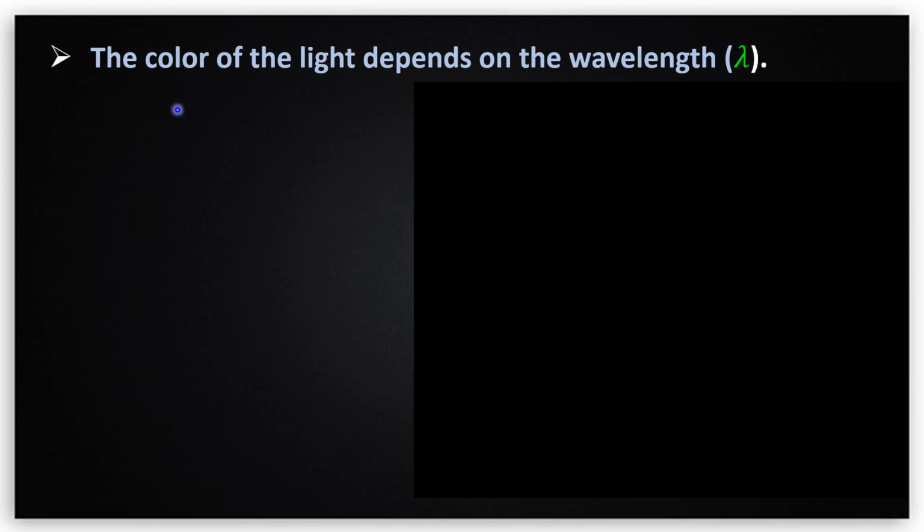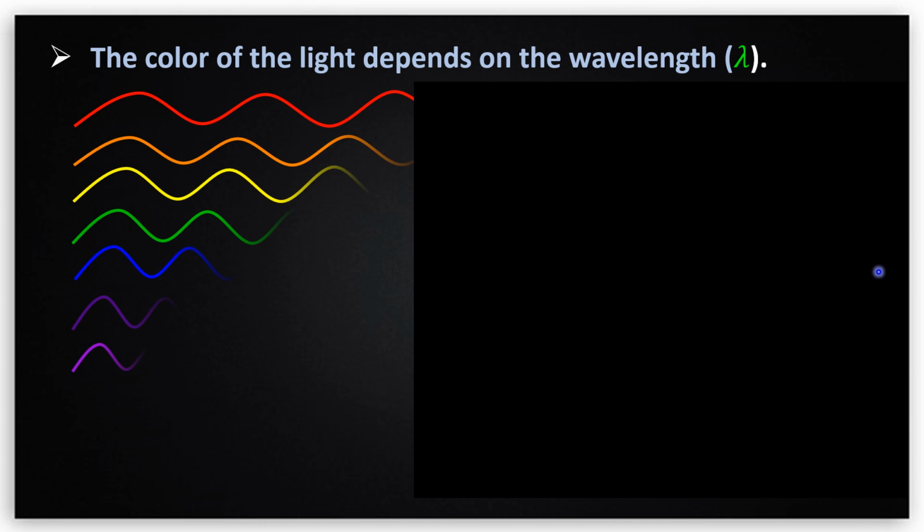Just now I told you in the relation v equals nu lambda, nu is constant, then v is directly proportional to lambda, isn't it? So v is less for violet color. That's why lambda v, the wavelength of violet light, is smaller than the wavelength of red light.